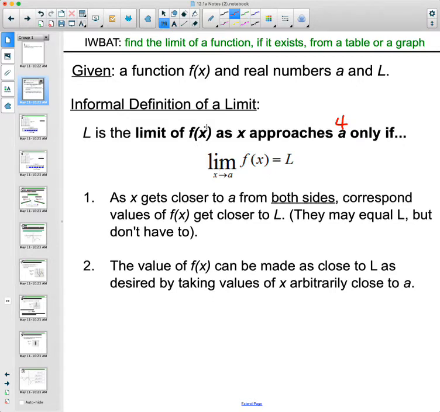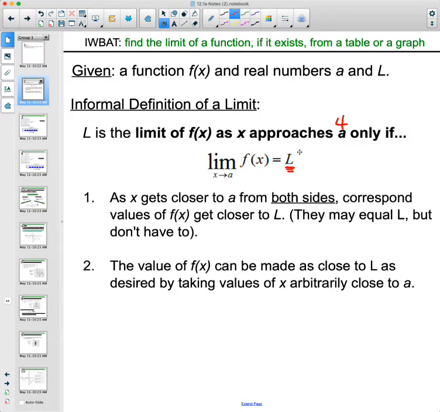As we plug in numbers that get closer and closer to 4, like 3.9, 3.99, 3.999, or from the other direction, 4.1, 4.01, 4.001, the output gets closer and closer to L.